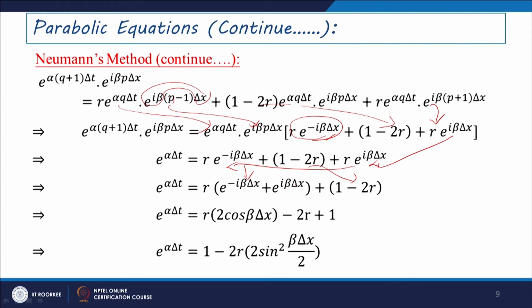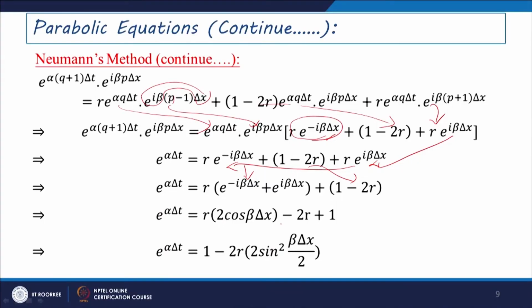Since we know that cos x can be written as (e^(-ix) + e^(ix))/2, it can be written in the form r into 2 cos βΔx minus 2r plus 1. Finally we obtain e^(αΔt) equals 1 plus 2r cos βΔx minus 2r.